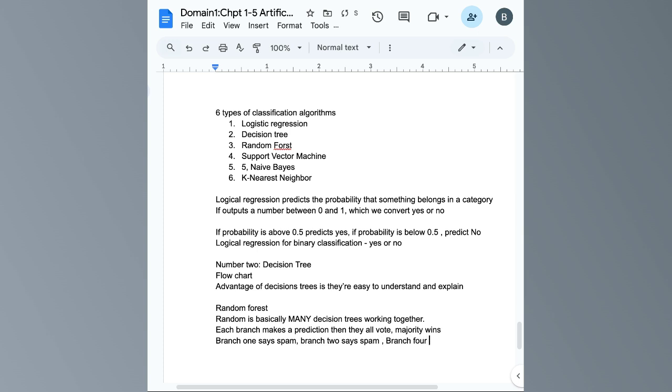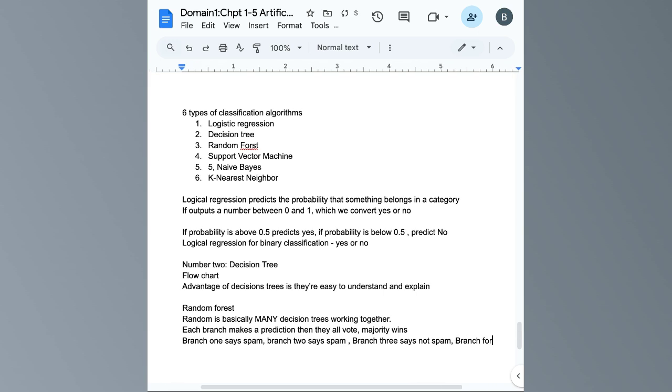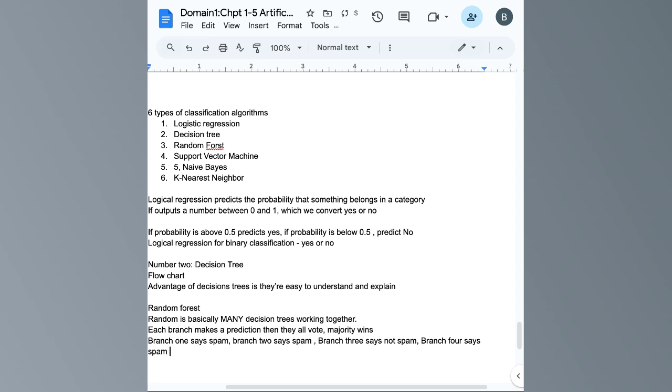Branch 4 says not spam, and branch 3 says spam. So 3 out of 4 decision trees say spam, so the random forest would have it labeled as spam.